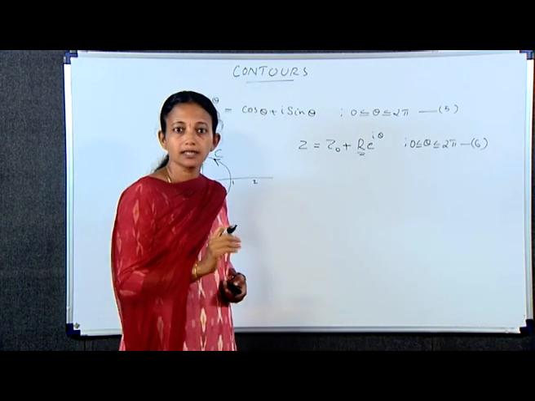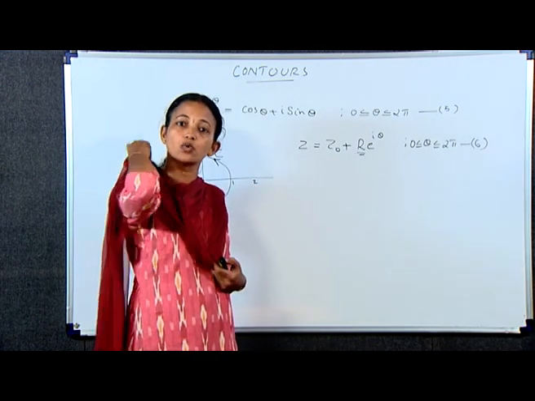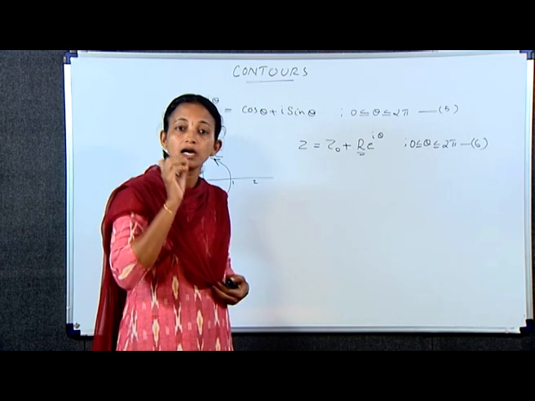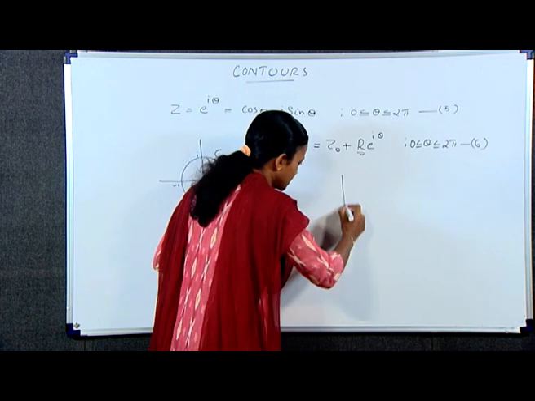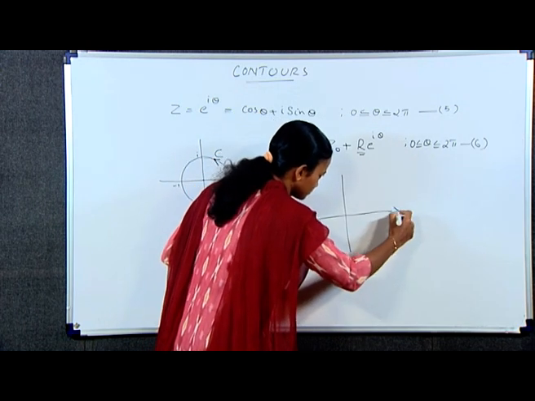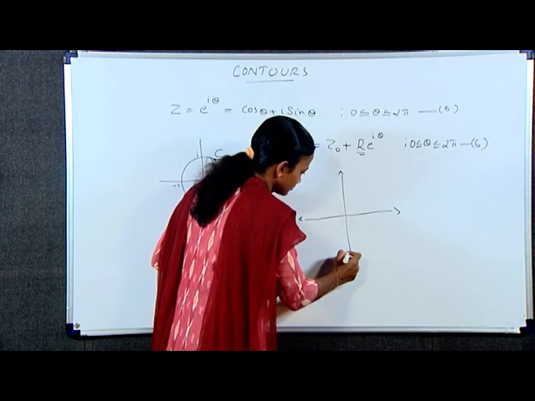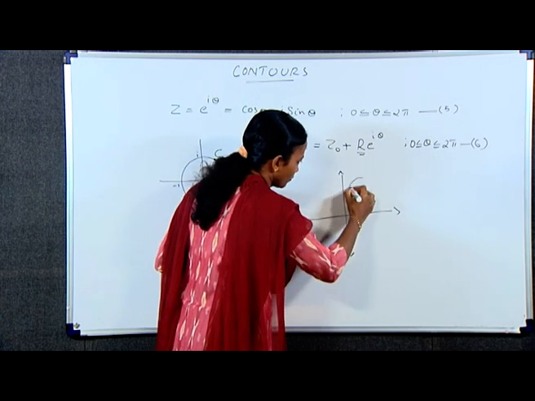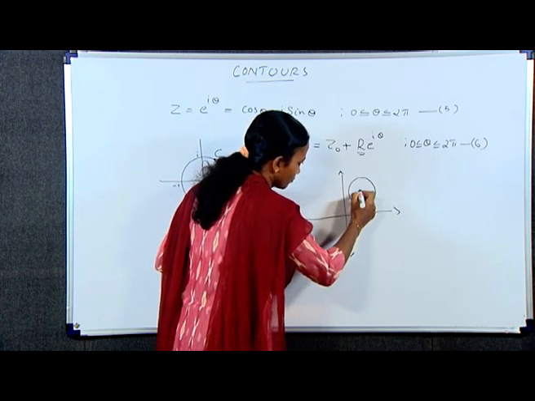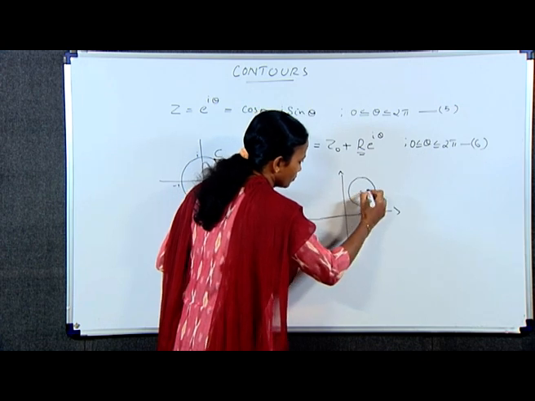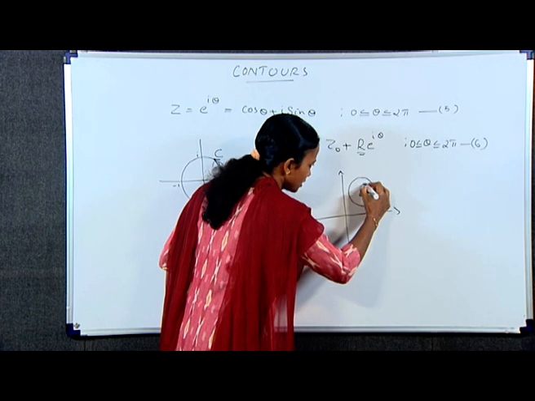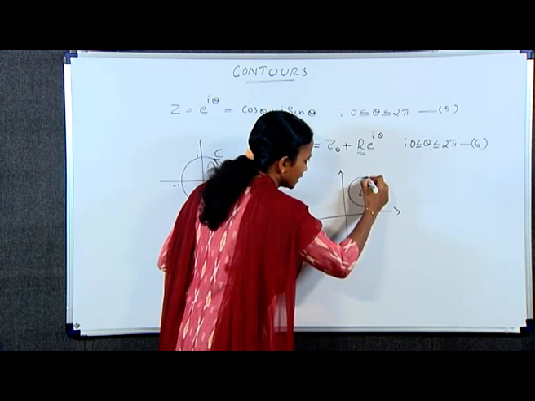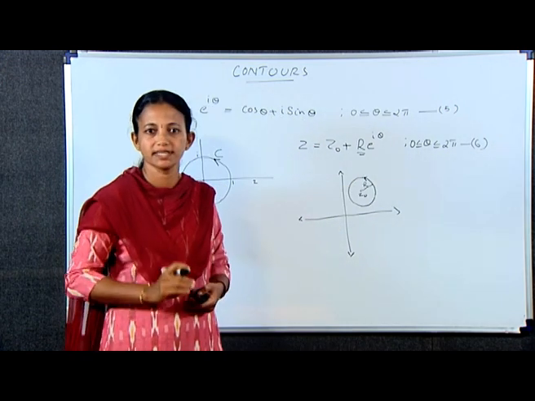This is a simple closed curve oriented in the counterclockwise direction. This is our center z naught, this is our radius r, and it is in the counterclockwise direction.